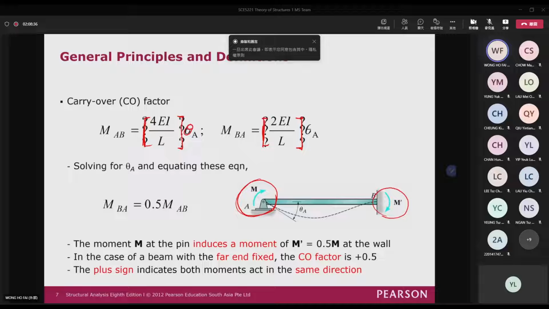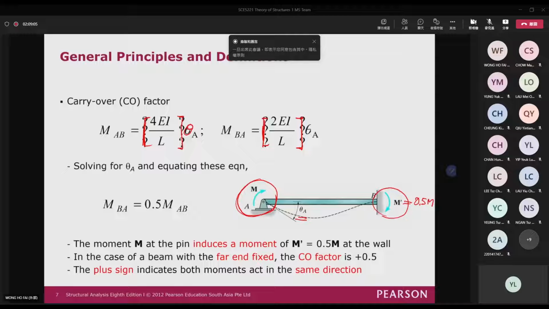For example, if you apply the moment M and allow it to rotate, then there will be a rotation theta A, as you have learned for your slope deflection equation. The moment on the other side is half of the moment. Say, M is here, then this M dash here is 0.5 M, that means half of the moment.